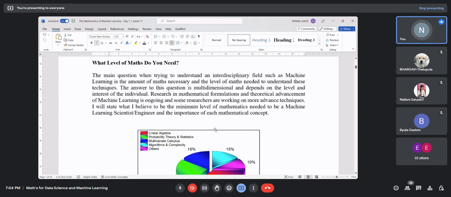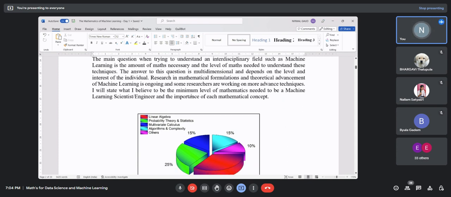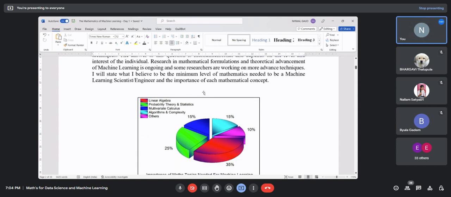Now, what is the level of mathematics you require for that purpose? In case of machine learning, as it's an interdisciplinary thing, the amount and level of maths you need to understand is something like this pie chart.